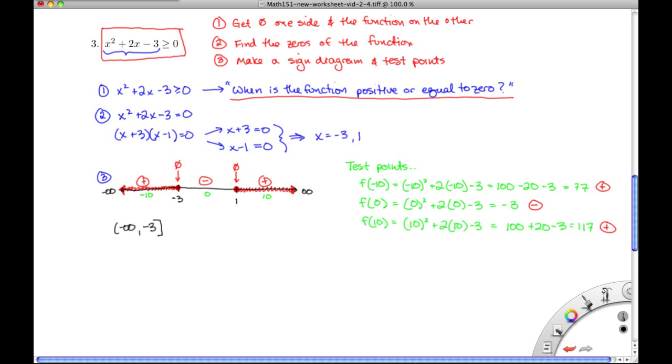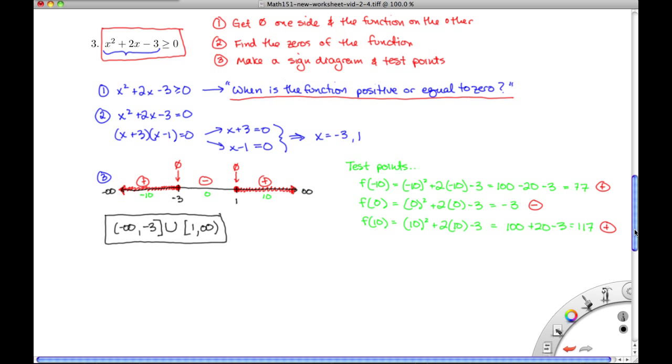And then we've got the interval from positive 1 to positive infinity, and again we're looking at the union of these two intervals, so we put the union symbol in between them, and then that's our solution for that one. So that's how we use sign diagrams to help us evaluate inequalities.